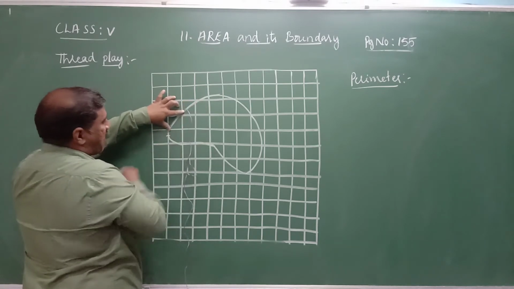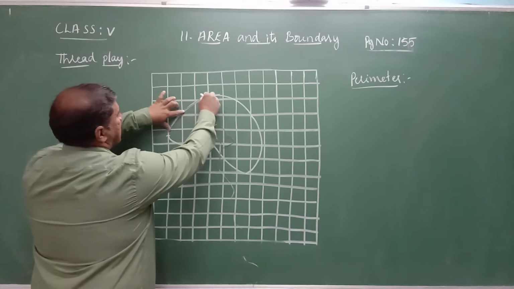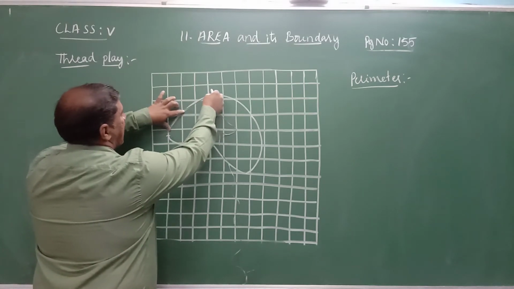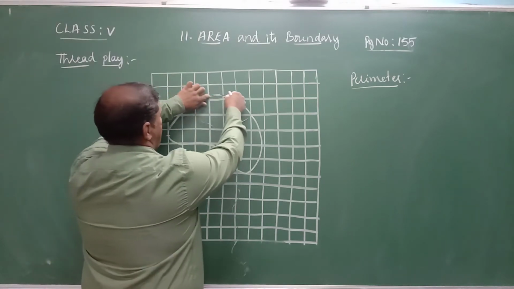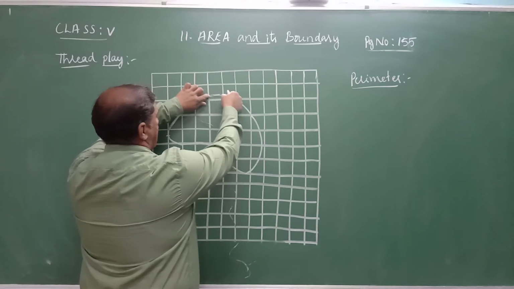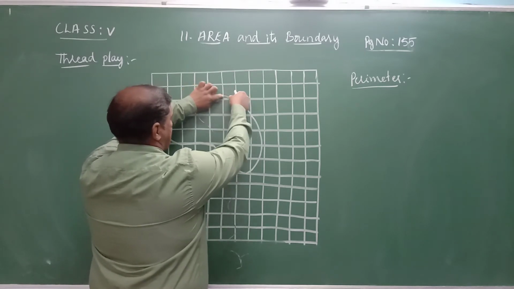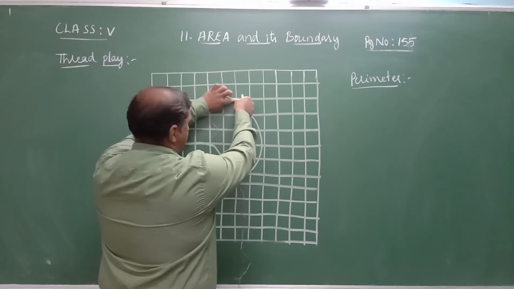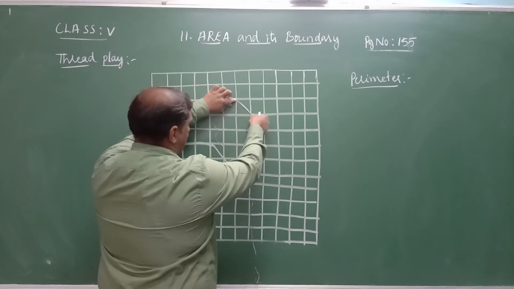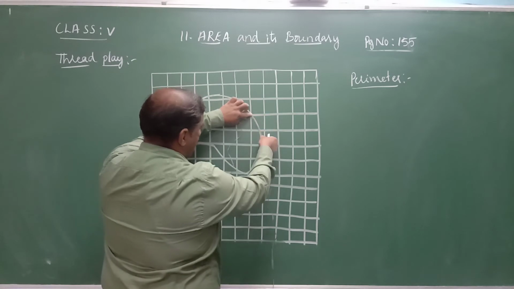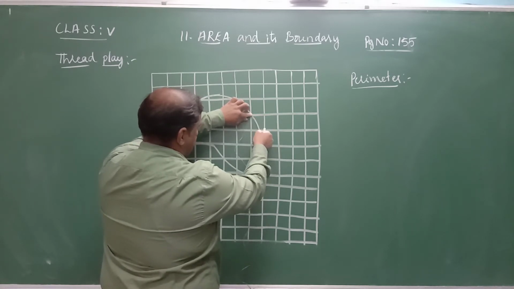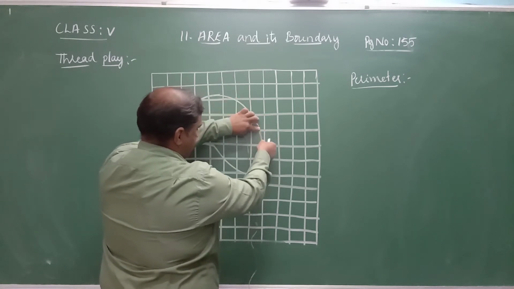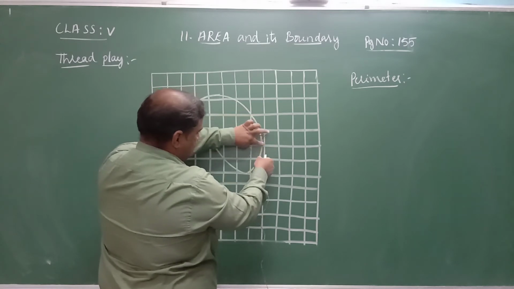Are you able to see the mark? Yes. So like this, you place it on the curved line. Don't remove this. Then on the boundary line of that curved shape, like this.